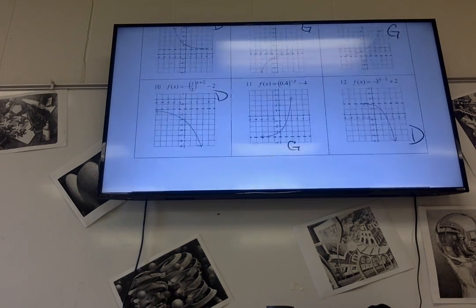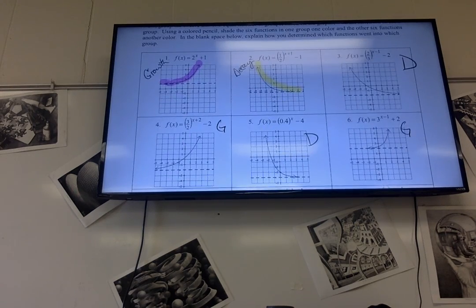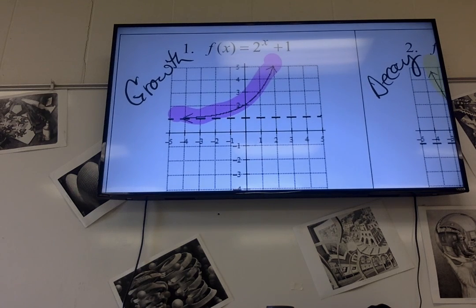So back on page 409, we're going to figure out how we go from the equation to the graph, just in general forms, not graphing it perfectly, because we can all do X and Y charts. We can all do that.